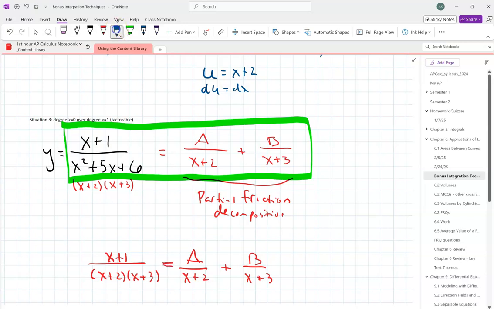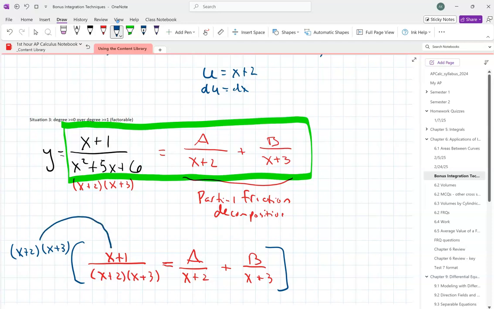So what's the first step in solving a rational equation like this? I'd want to clear the fractions. So I would multiply both sides of this equation by x plus 2 times x plus 3.